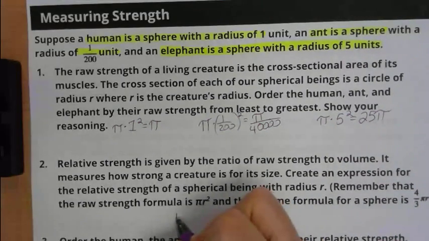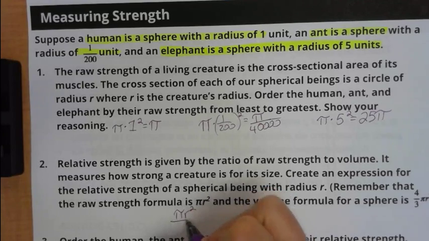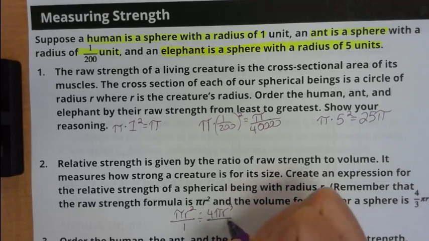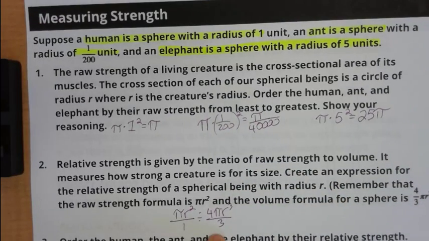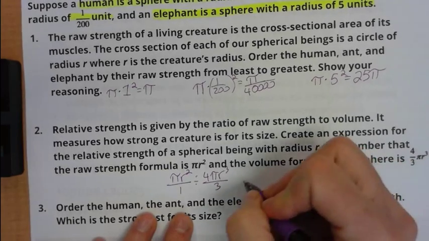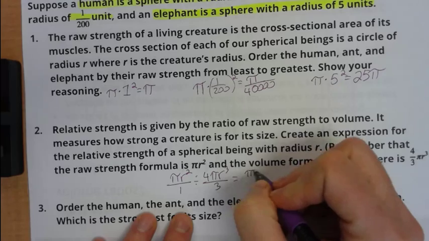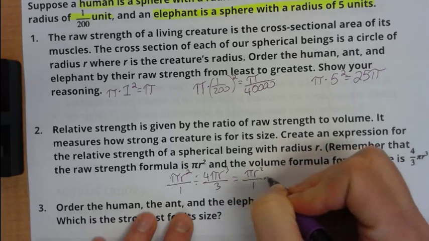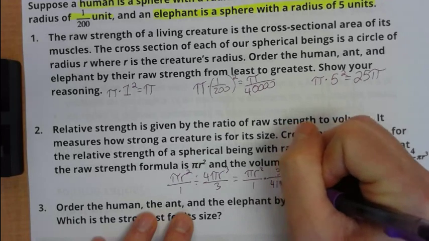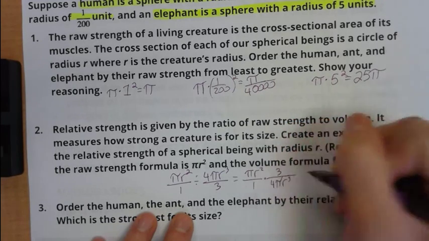So we have pi r squared over 1 divided by 4 pi r cubed over 3. So we're dividing by a fraction there, and so we're going to flip that over and multiply. So we have now pi r squared over 1 times 3 over 4 pi r cubed.